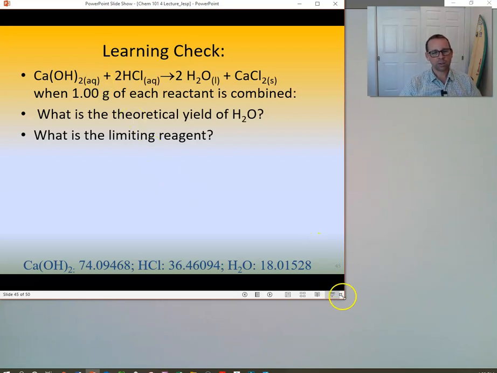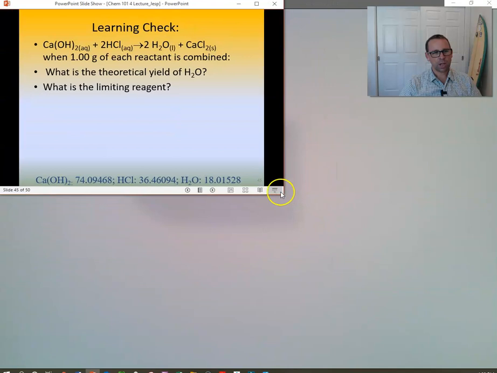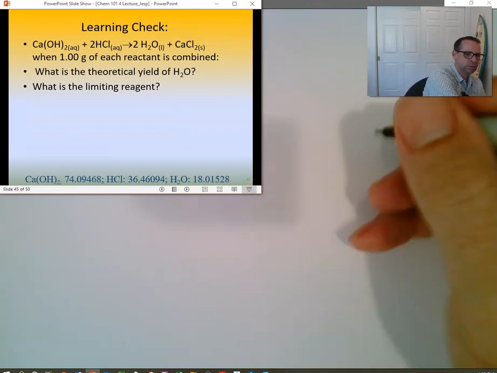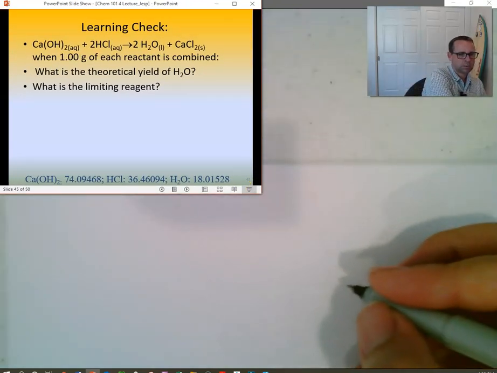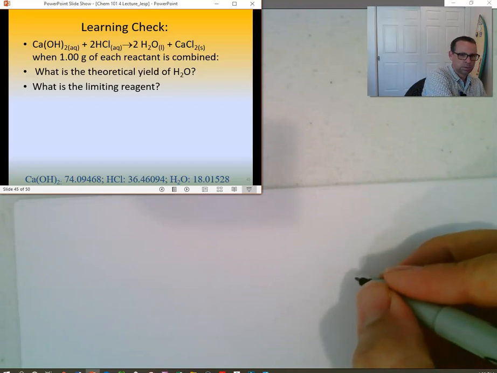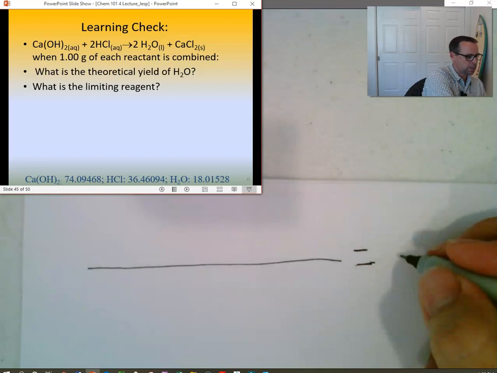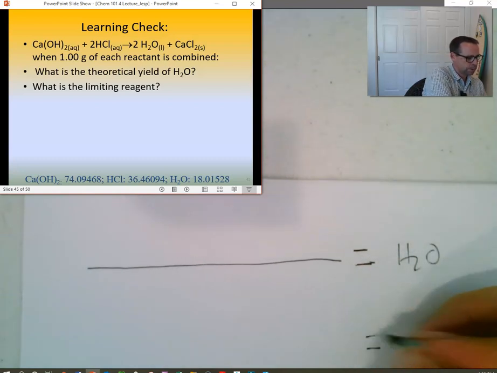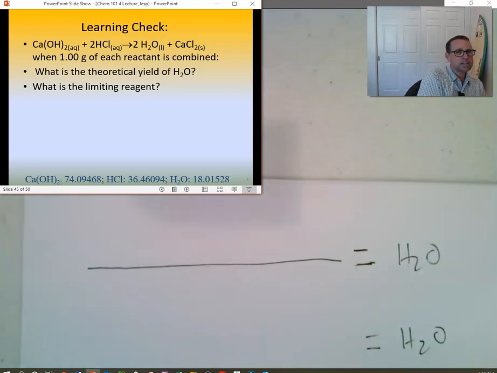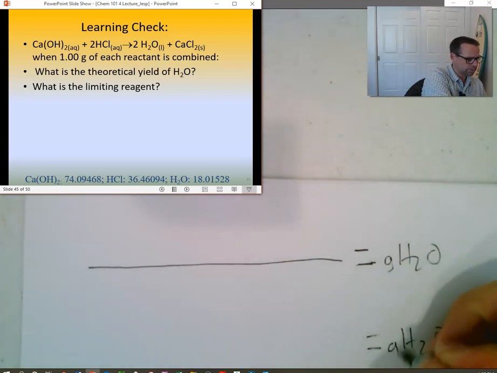So we have to answer the question twice. And what is it we're looking for? The amount of what? H2O. That's right, the amount of water. It doesn't say if it's in moles or grams, but we'll go ahead and put grams of water.